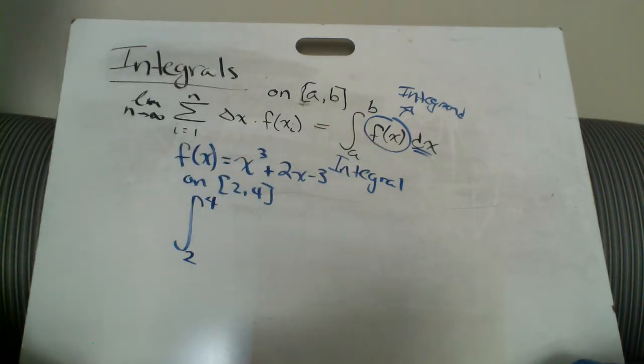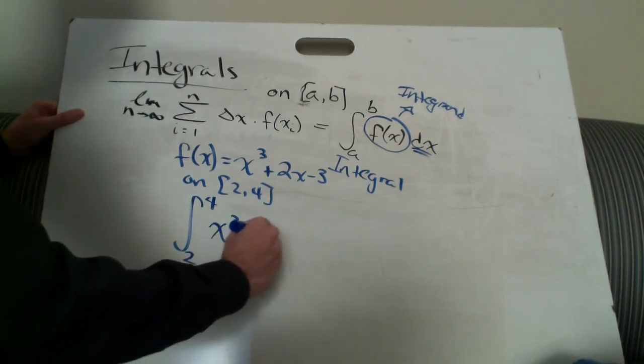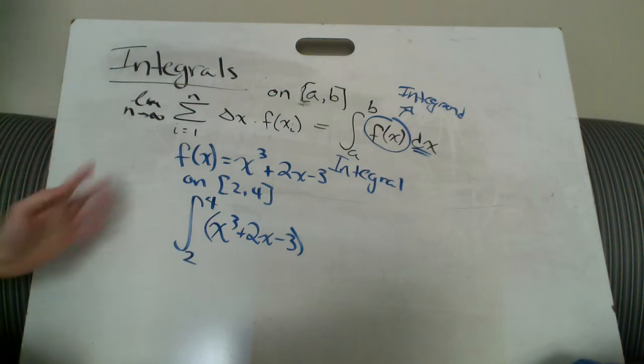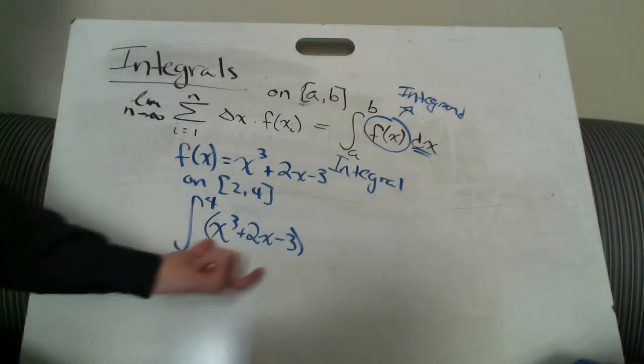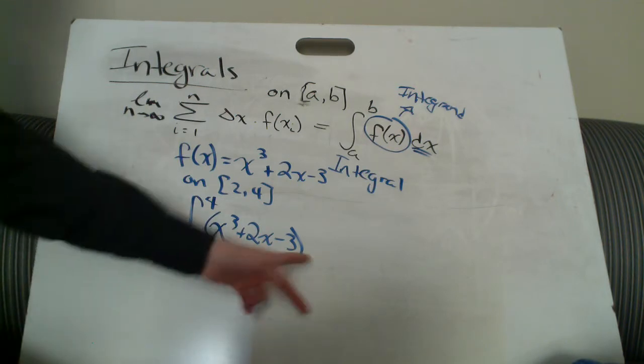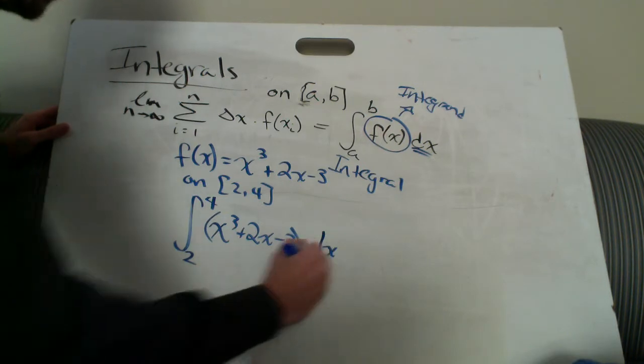Next comes our integrand, which is the function. In this case, that's x cubed plus 2x minus 3. Sometimes we'll put it in parentheses if there are many terms. That way it's clear that we're integrating this whole thing, rather than just x cubed, and then later adding on 2x and subtracting 3. And finally a dx at the end.